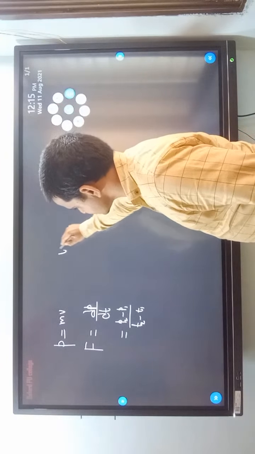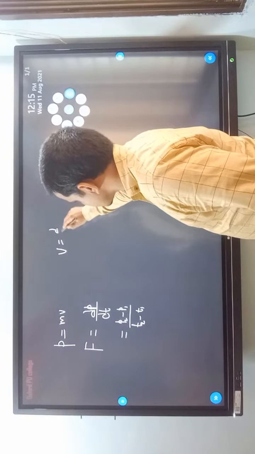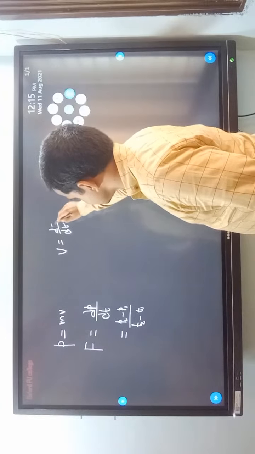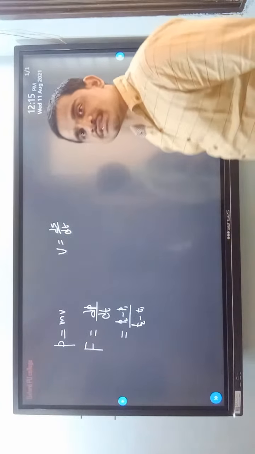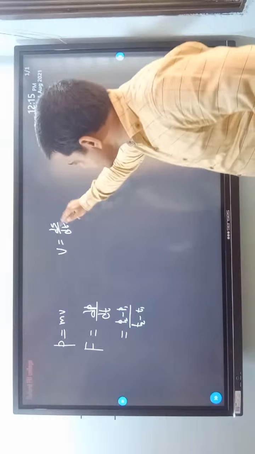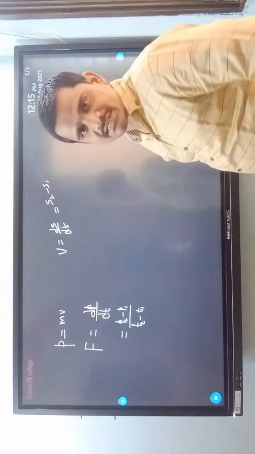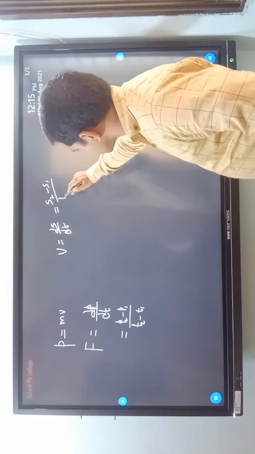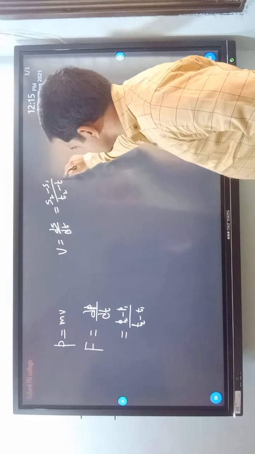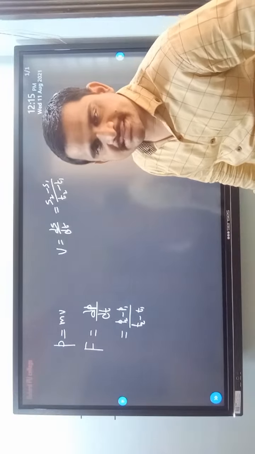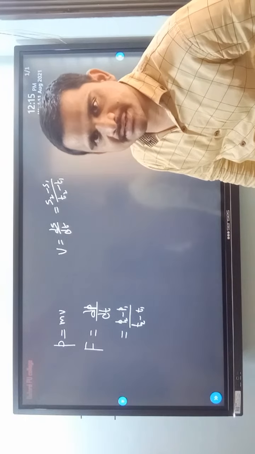What is velocity? Velocity is the rate of change of displacement. ds represents final displacement minus initial displacement, and dt means final time minus initial time.